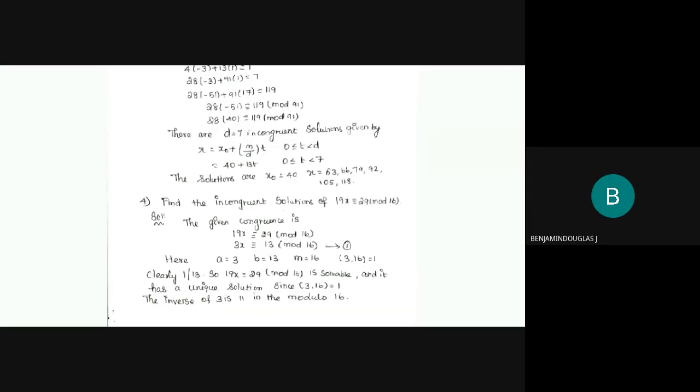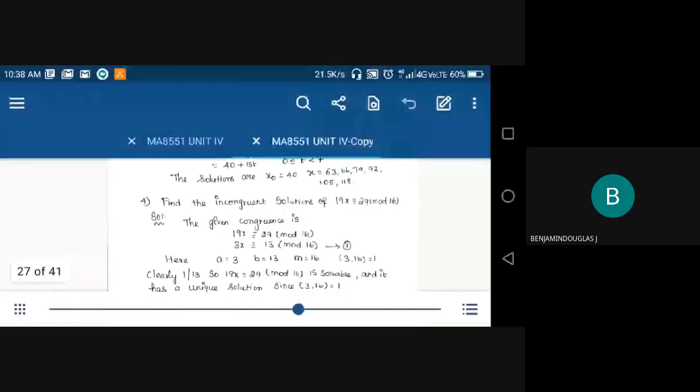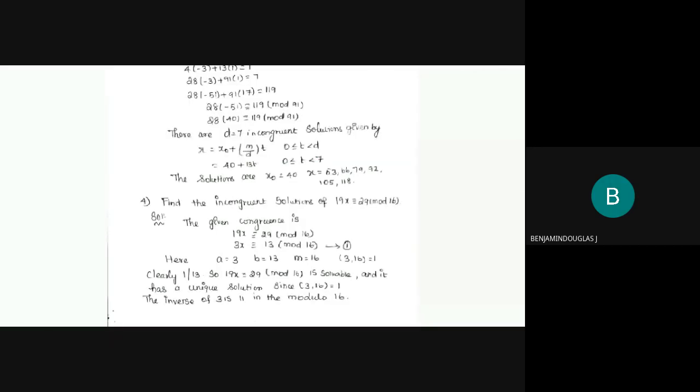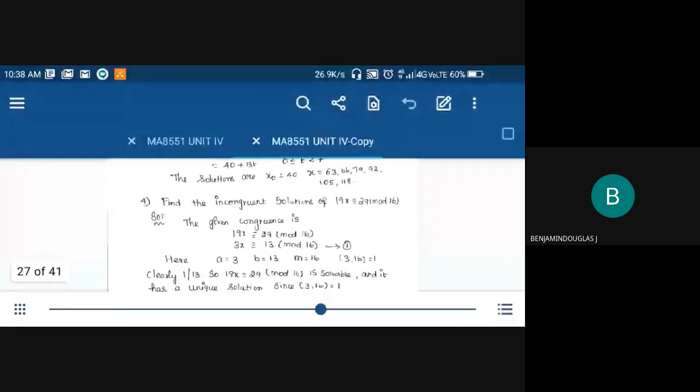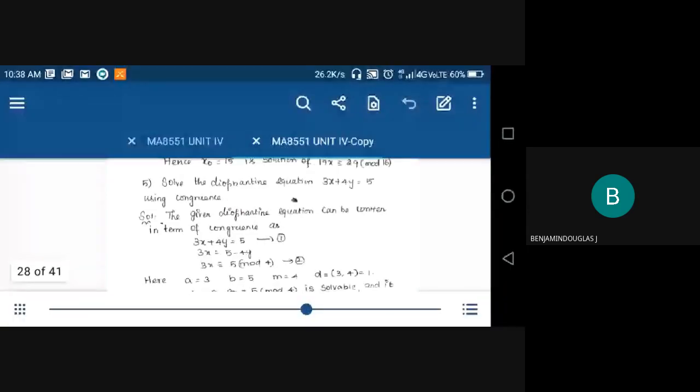33 minus 13, that is 20. So 20 can be divided by the mod value, that is 16. So the inverse of 3 under mod 16 is 11.